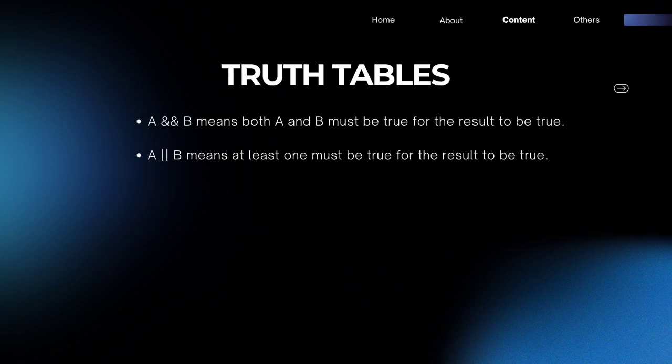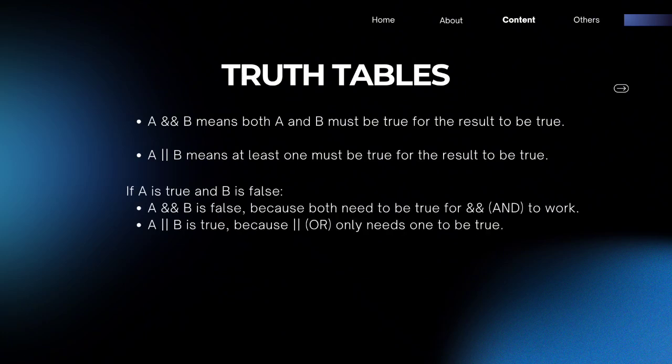Now, let's go through some simple examples to make the table easier to understand. If A is true and B is false, A and B is false because both need to be true for AND to work. A or B is true because OR only needs one to be true.